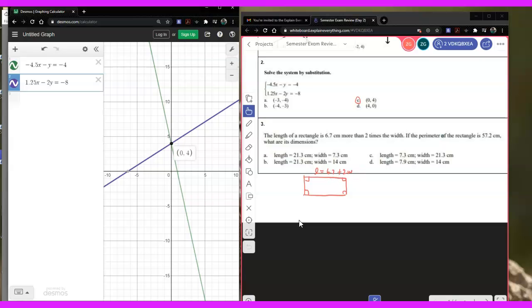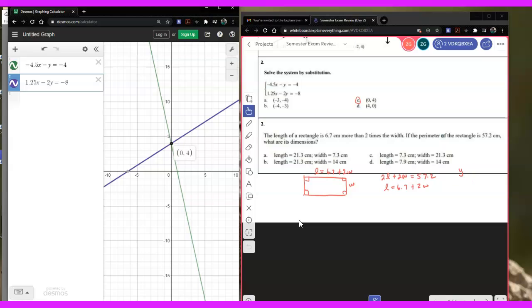Okay, so we know that this is the width. So to find the perimeter, it's going to be 2L plus 2W, because it says the perimeter of the rectangle is 57.2, so that equals 57.2. What are the dimensions? Now we have length is equal to 6.7 plus 2W.